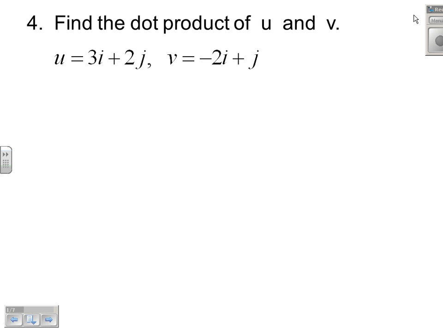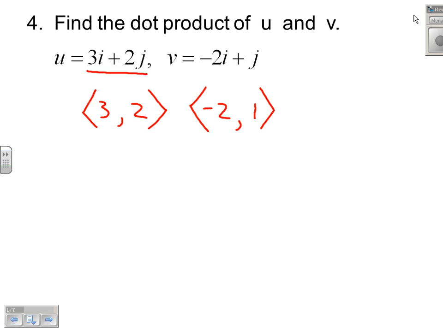So here we have two vectors, u. This is given in linear combination form. I'm going to write that in component form. That is 3, 2, of course. And v in component form is -2, 1, as we know.